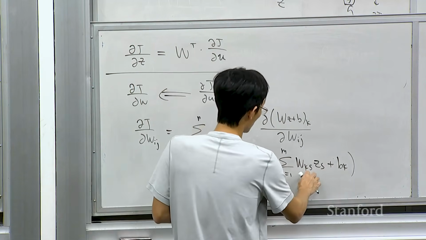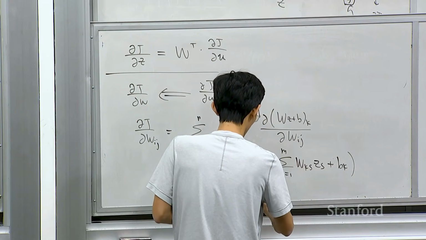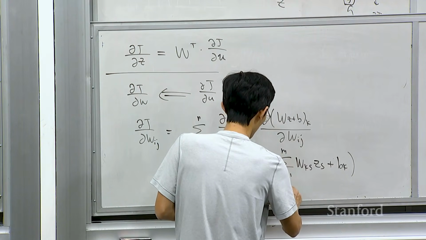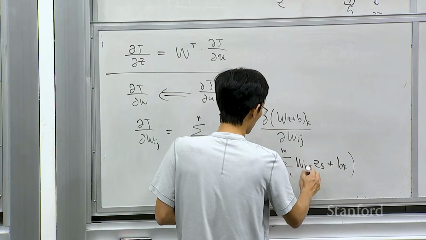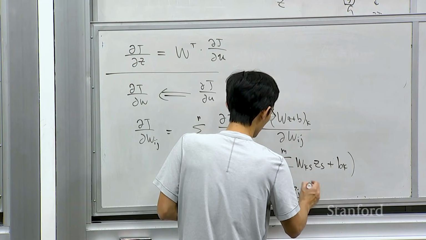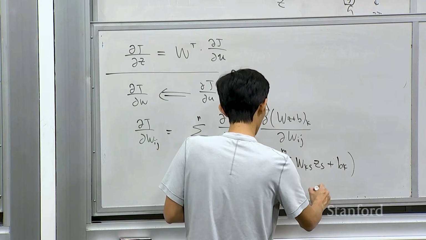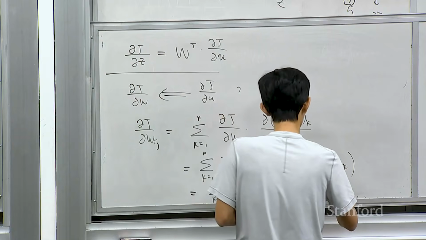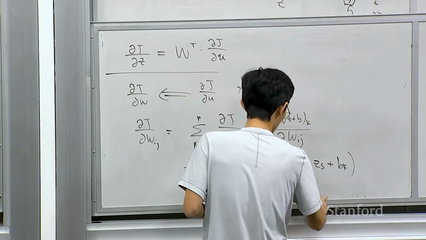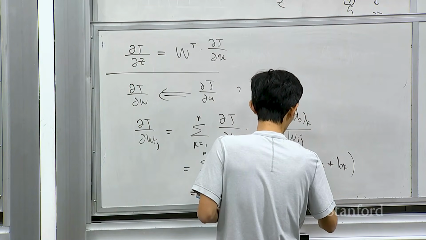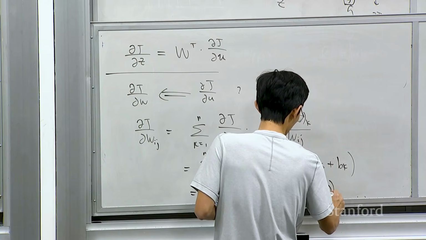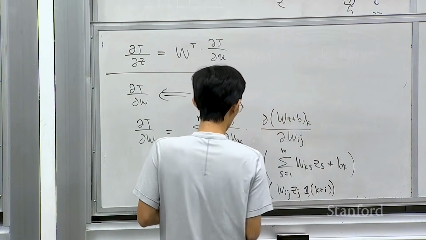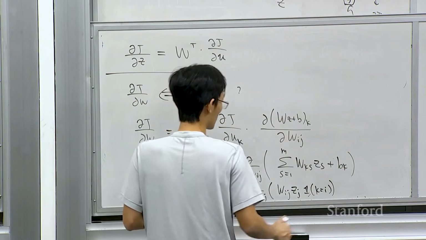For the i and j term, let me write down one more step: W_ij, when k is i, s is j, z_j. So when k is not equal to i, this is just zero, and that means this sum is going to be gone.